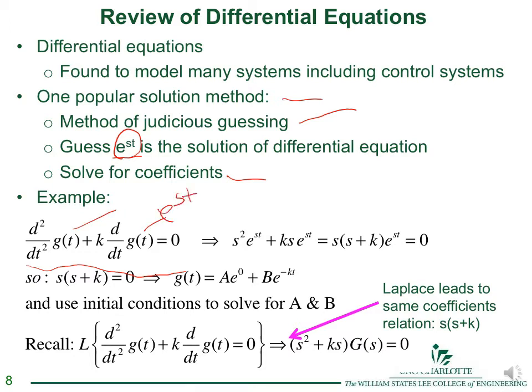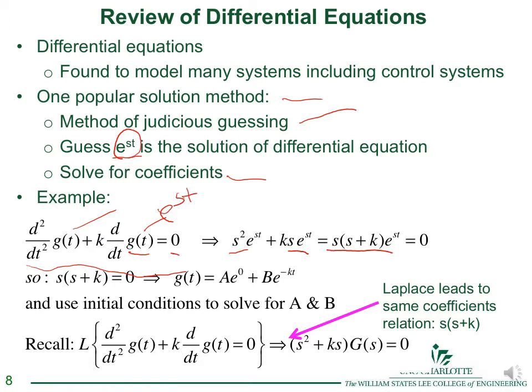Take its derivative. The second derivative is going to get s squared e^(st). The first derivative is going to get s e^(st). All that must equal 0 on the right side. So pull together the pieces, and now we have this must equal 0.